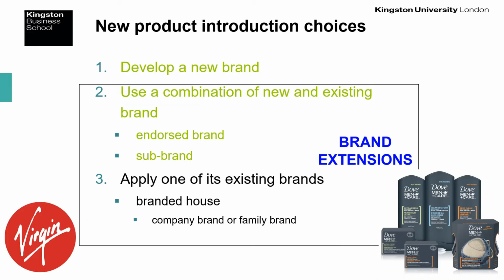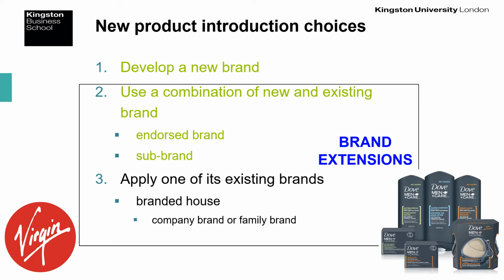Okay, so we've looked at options 1 and 2. Let's now look at option 3, still within the world of brand extensions. And option 3 is where we simply apply an existing brand to a new product and we build up a branded house.